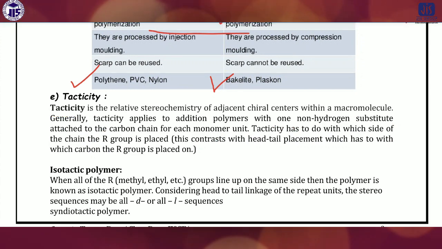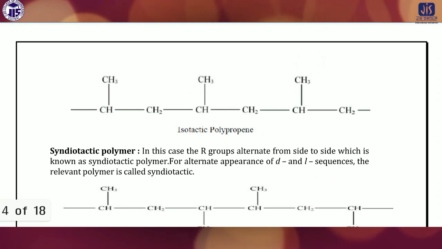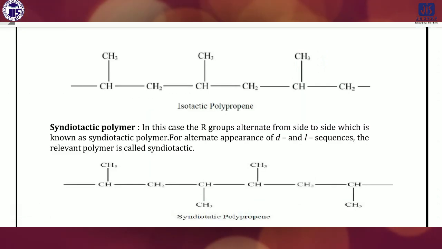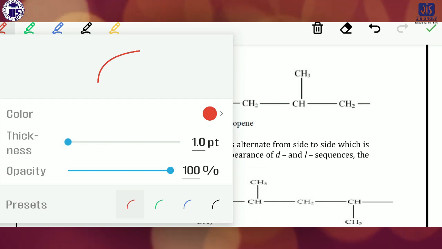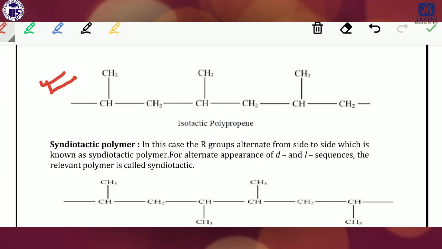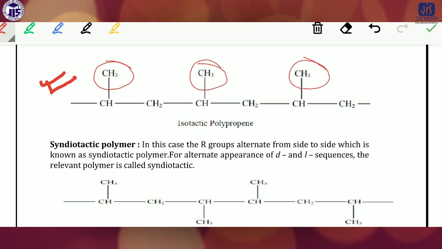Look here, if you think about tacticity, there are three kinds of polymer. First of all, it is the isotactic polymer. What is the meaning of isotactic polymer? Isotactic polymer means all the groups are present on the same side of the chain.